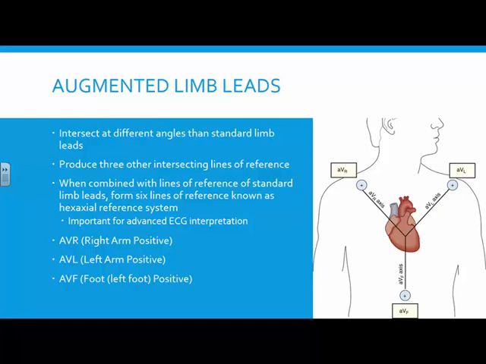Alright, so remember how I said, hey, Einthoven's triangle is actually not really a triangle at all. More of this guy right here. Well, when you combine AVR with positive, hold on just a minute, it's kind of off center.